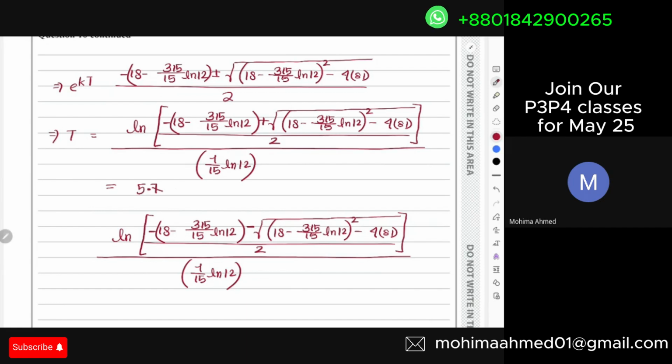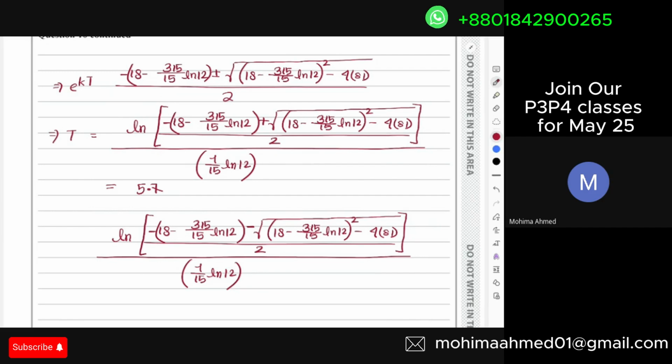Okay, and then again carry on the same equation, but this time ln minus 18 minus 315 into ln 12 divided by 15, and then again minus root over 18 minus 315 into ln 12 divided by your 15 value whole square minus 4 into 81, and then you have 1 by 15 ln 12.